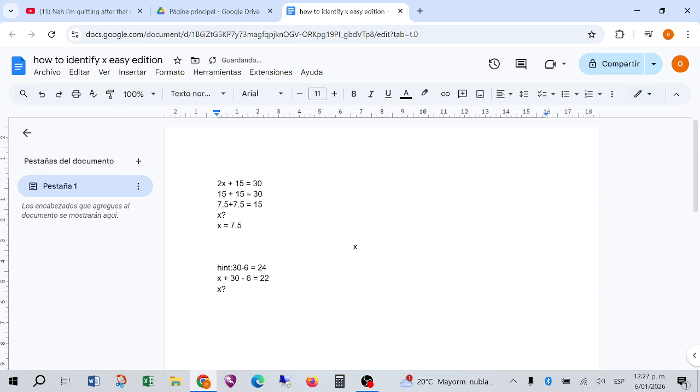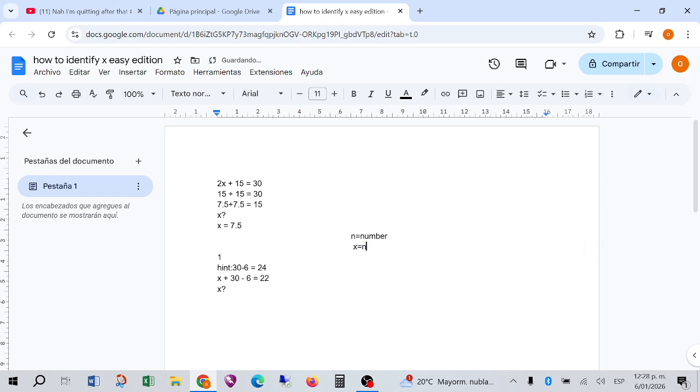X alone equals n1, where n represents a number.